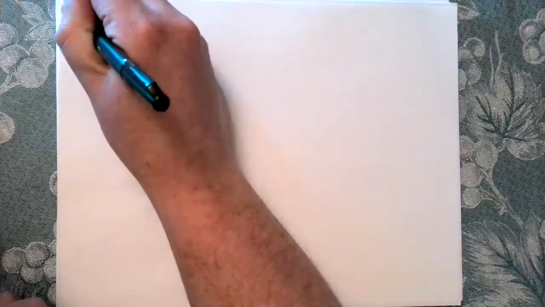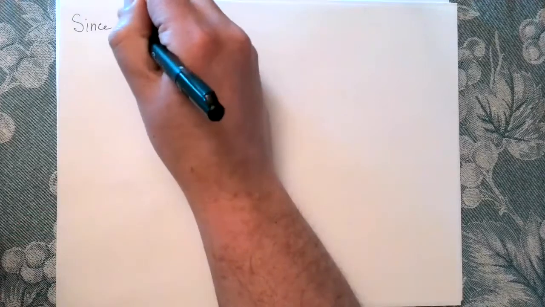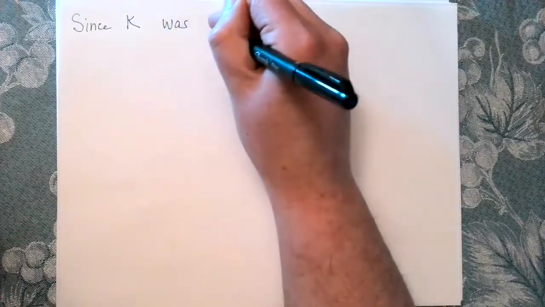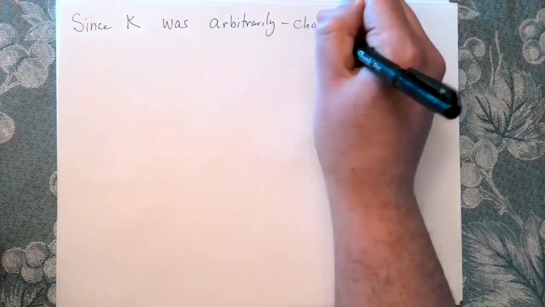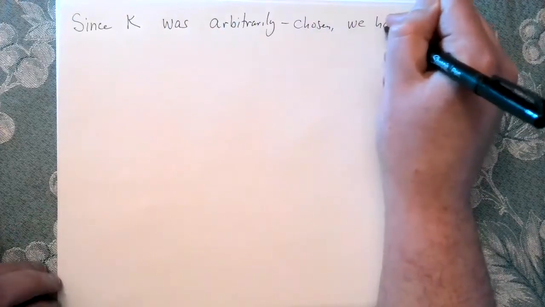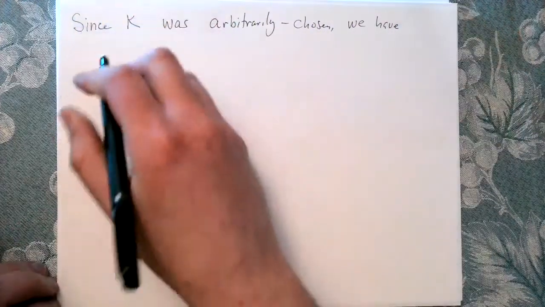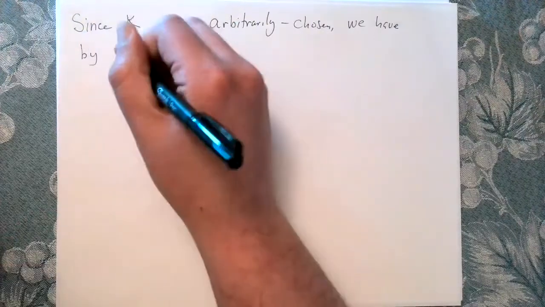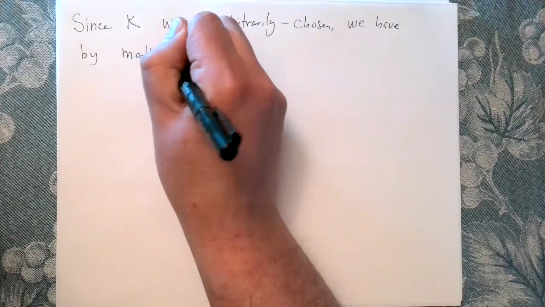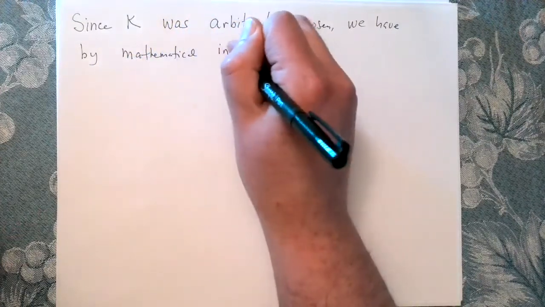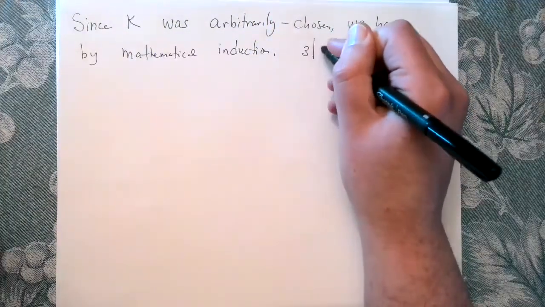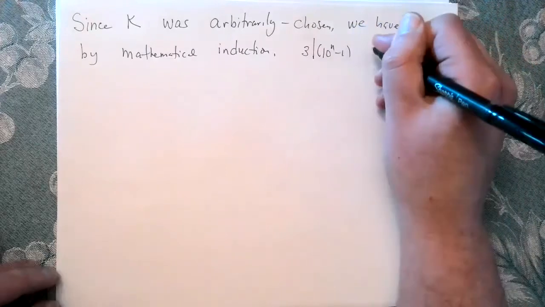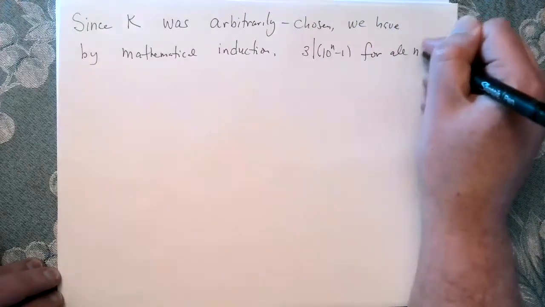So I want to say that, since k was arbitrarily chosen, we have, by mathematical induction, that 3 divides 10 to the n minus 1 for all natural numbers n.